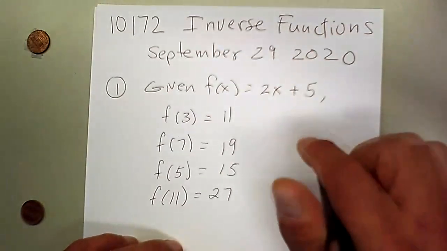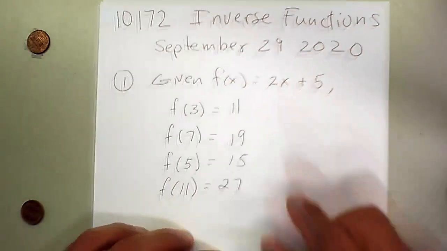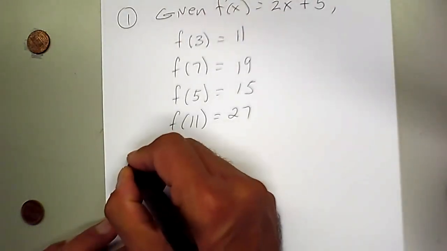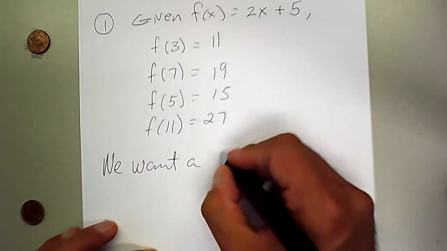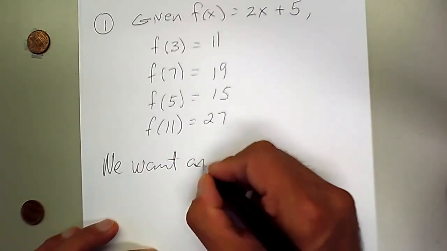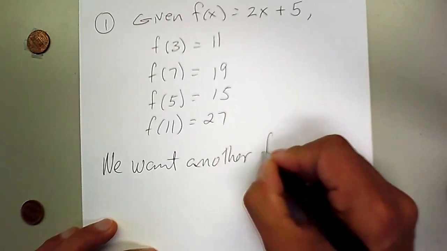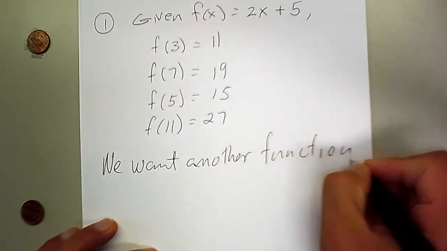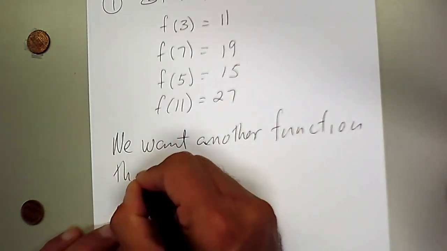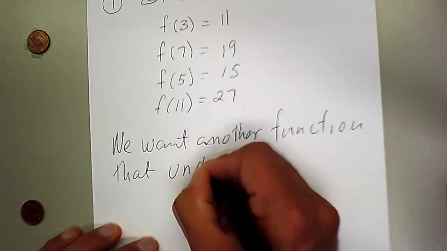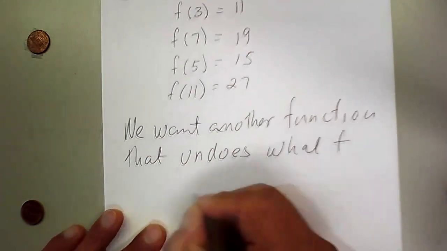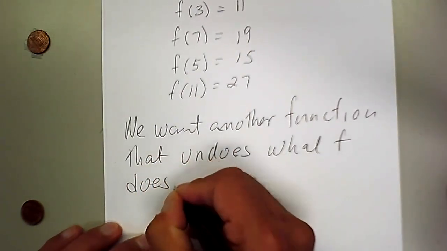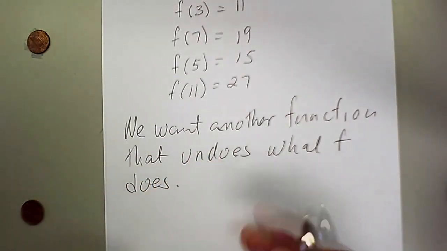Let's write down what we want. We want another function that undoes what f does. So we want to do the reverse.